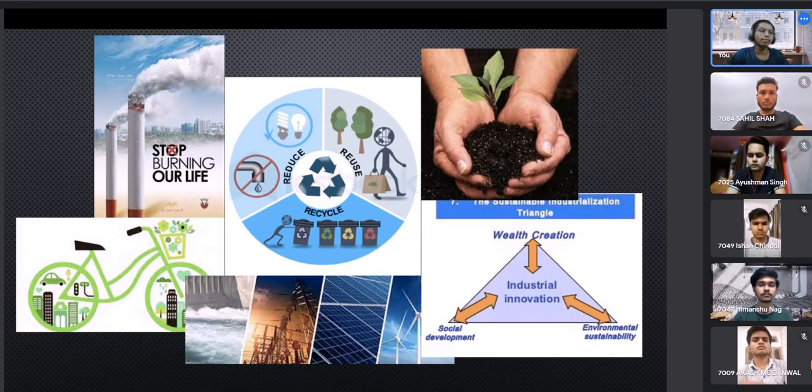Now, the second point is recycling. As modernization and industrialization are increasing in present days, we can see that the demand for virgin goods or virgin products is increasing day by day.